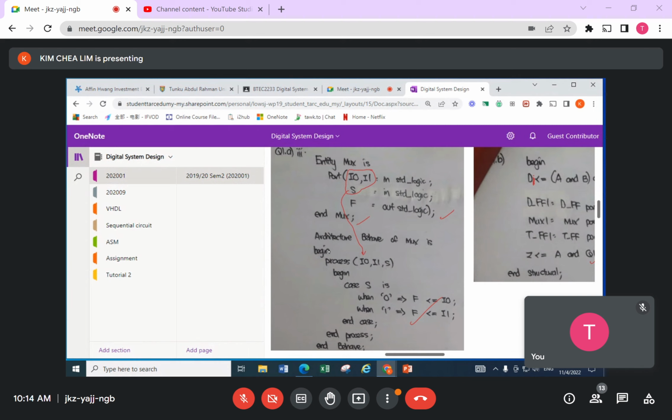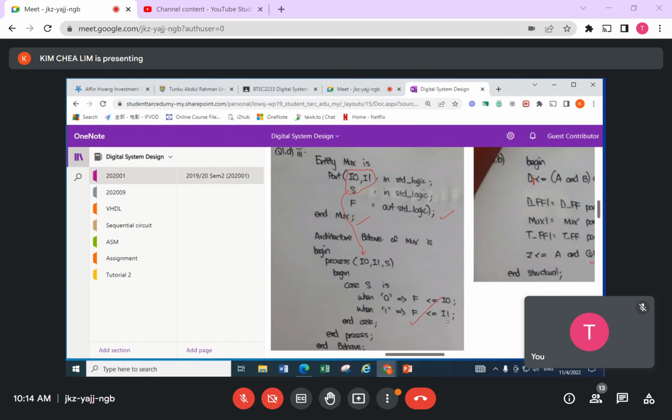So I begin my process, and I check my sensitivity list. S is in the sensitivity list. Case is when S is 0. This part is read as: when S is 0, you force F to take the input I0. When S is 1, you force F to take the input I1.